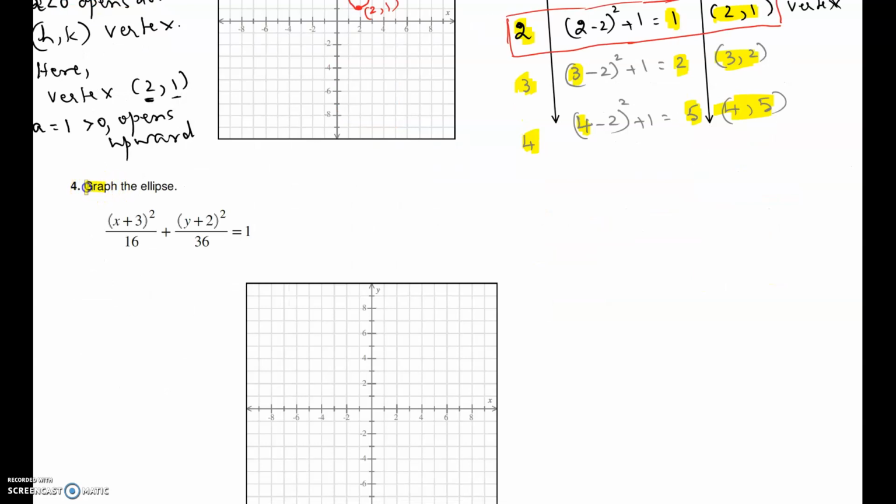Problem number 4. Graph the ellipse (x plus 3) the whole square over 16 plus (y plus 2) the whole square over 36 equal to 1.